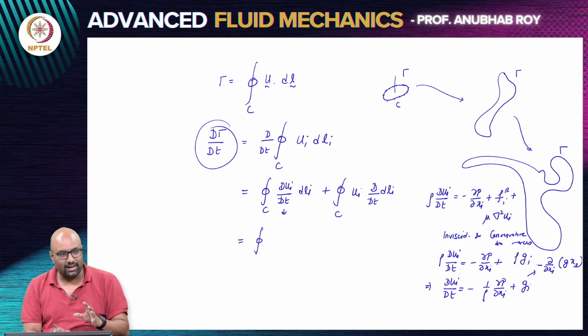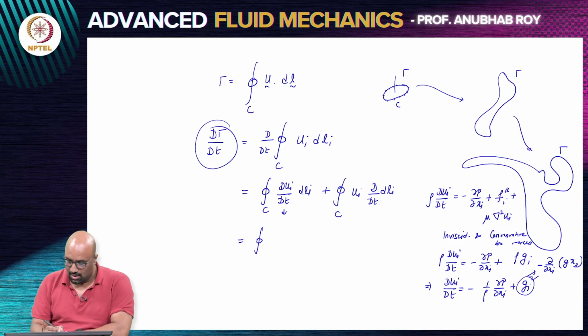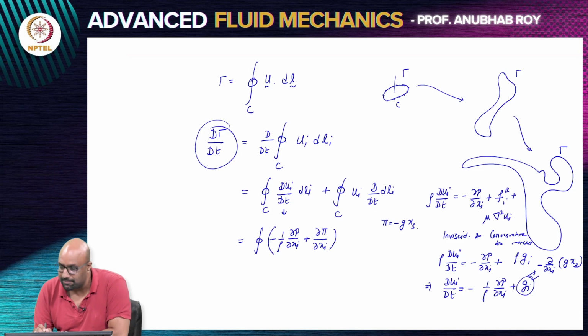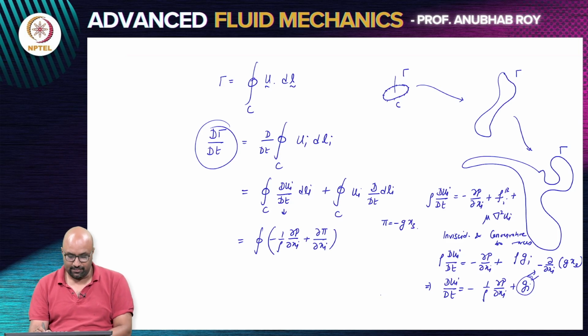The underlying point is that whatever you have here as the acceleration is due to a conservative body force. So, here I can write du/dt as minus 1 by rho dp/dx_i plus d pi/dx_i, where pi is minus g x3, whatever is the conservative body force that you have.